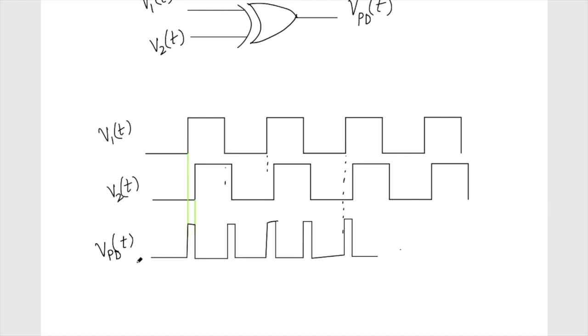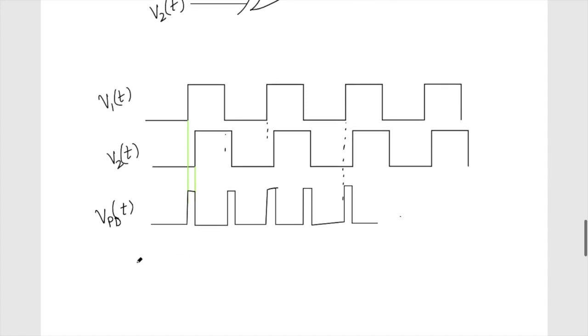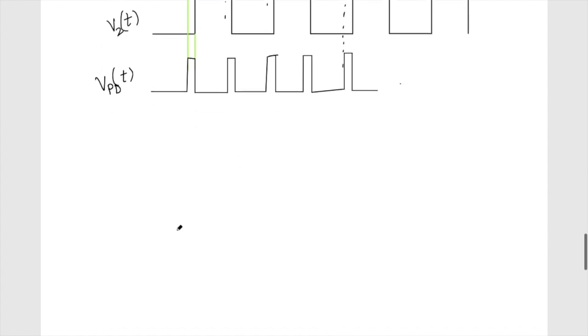So we can draw the characteristics of this one. If you try to draw the characteristics of the PD of this XOR gate, it will look something like this. This is the average value of the PD.